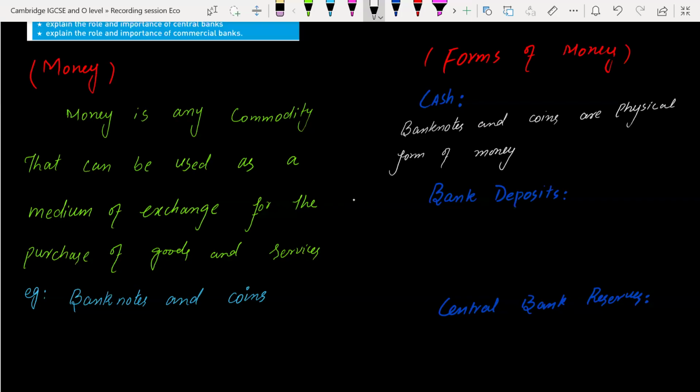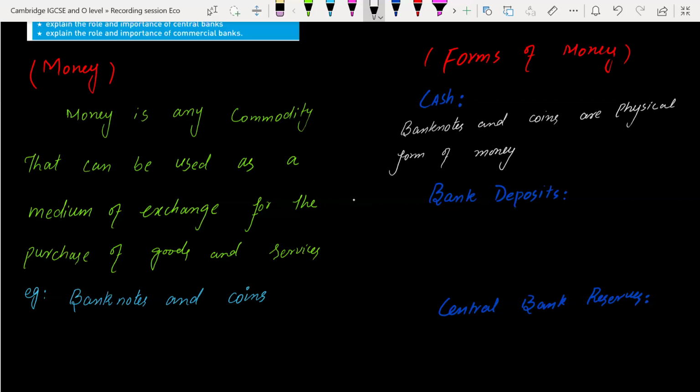We will discuss bank deposits. These are money reserves placed in commercial bank accounts. This form of money accounts for the vast majority of all money in modern economies. Commercial bank money is in electronic form rather than physical form. Instead of carrying a large amount of cash, you can use credit cards, debit cards, and online bank transfers. This is not a physical form, right?